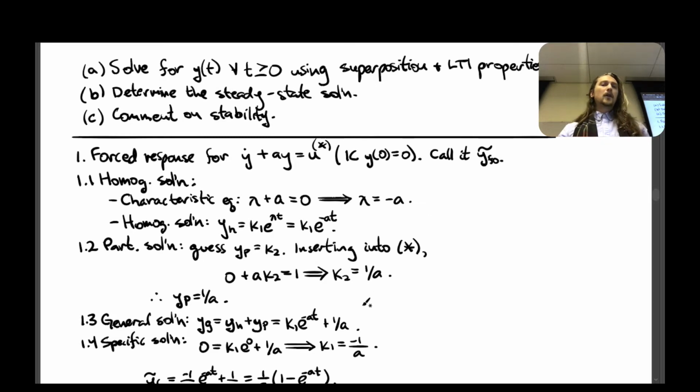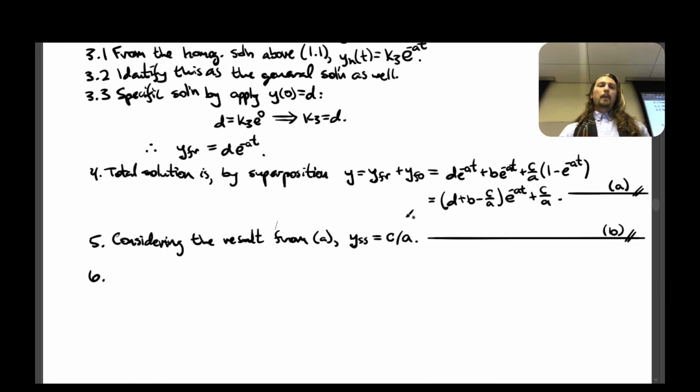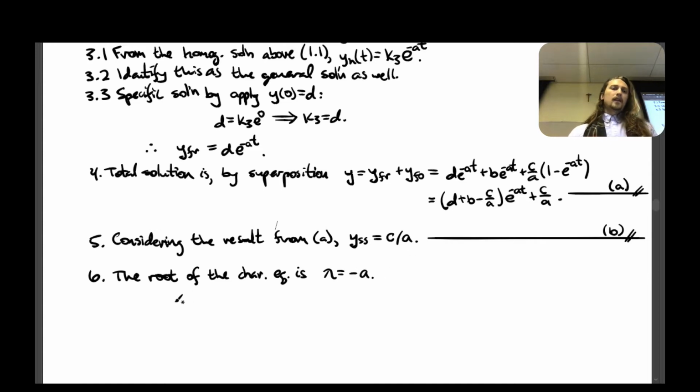All that's required now is to realize that the one root of our characteristic equation is negative a.